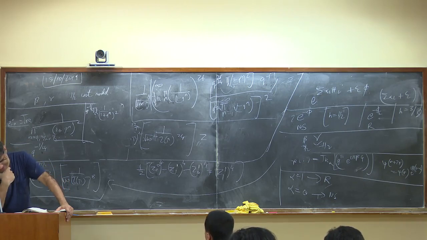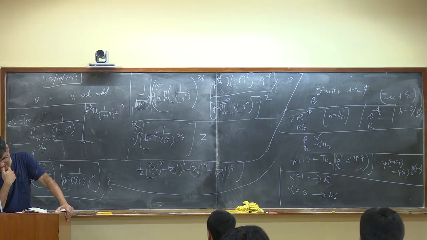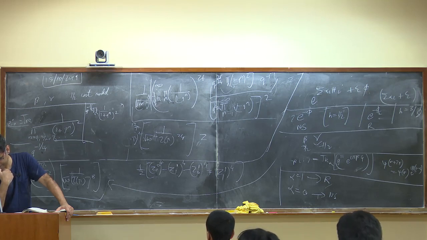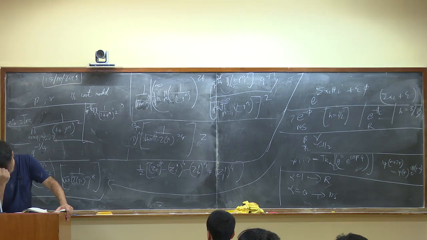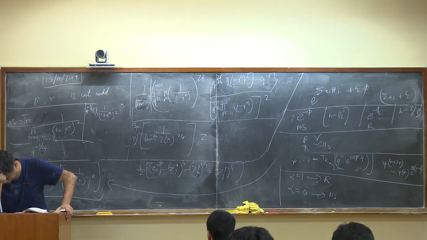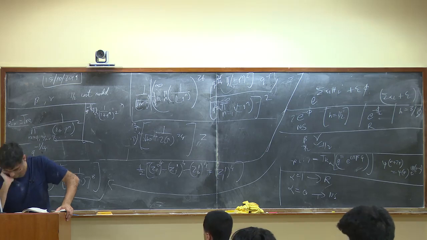Is that what we need to cancel the fermion part or not? Should be, because that was q to the power, just one. I'm sorry, just give me one.